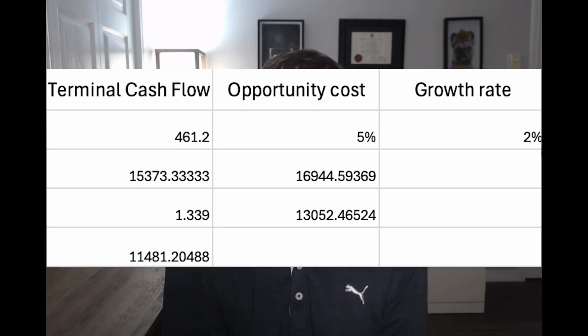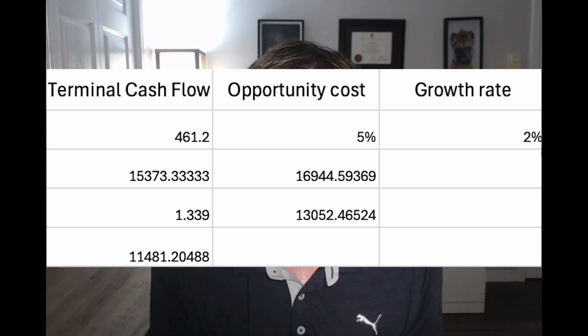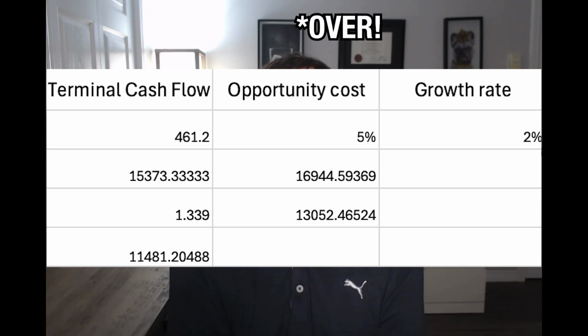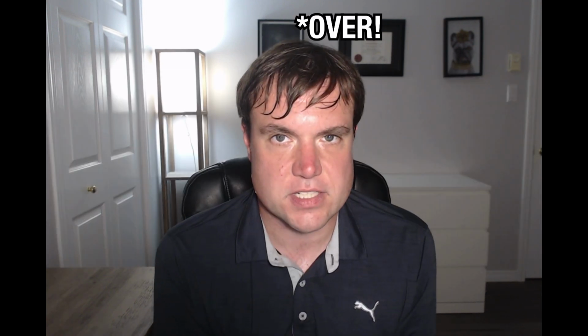From the perspective of us in year 0, it has to be discounted once more at 1 plus the year 6 opportunity cost, which ends up being 1.339, and that gives us finally an $11,480 terminal value estimate, which, when added to the $1.57 thousand discrete forecast estimate, finally gives us something a little under $13,000.